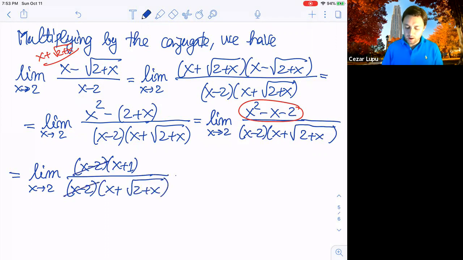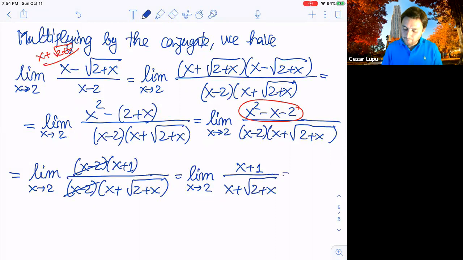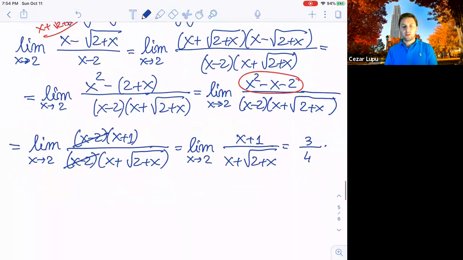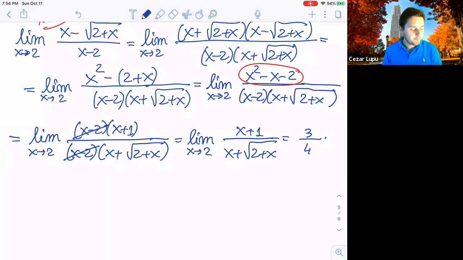These two will go away, and this will be nothing else than just the limit as x approaches 2 of x plus 1 over x plus the square root of 2 plus x. And now I'm in a good position. So maybe I should plug in x equals 2, and let's see what we have. So we have 3, and here we have 2 plus square root of 4, which is 2, 2 plus 2, which is 4. So the value of the limit is nothing else than 3 over 4.